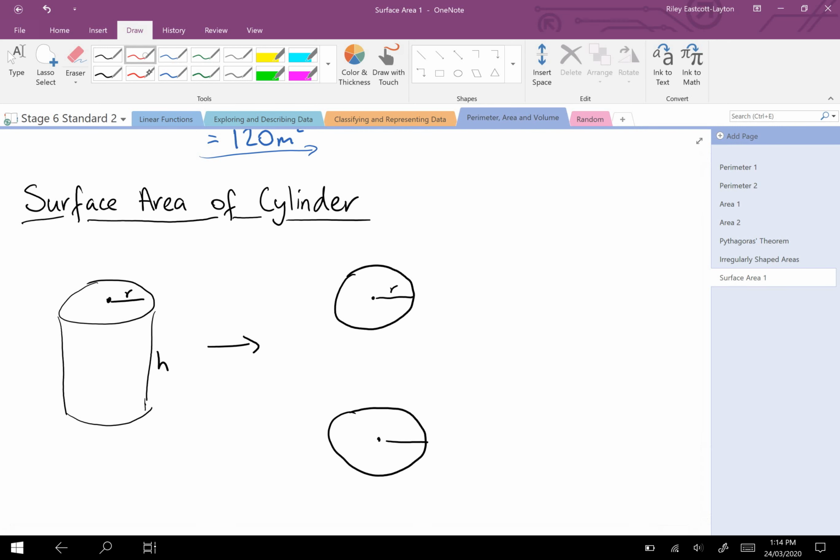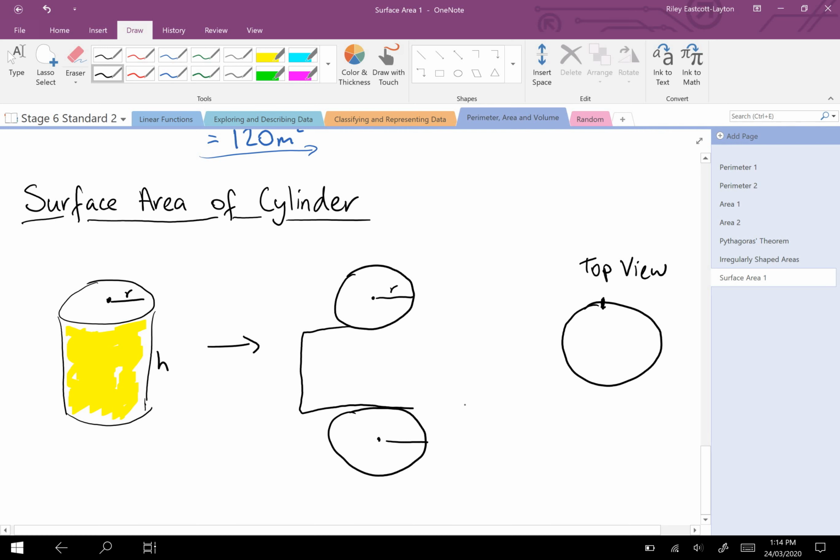And if we think about taking this face of the cylinder right here, and if I'm looking at it from top down, it's going to look like a circle. So this is me looking at a top view of the cylinder. So if I were to break it here and unwind this, it would actually become a rectangle.